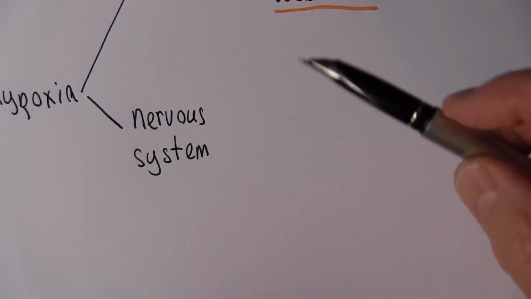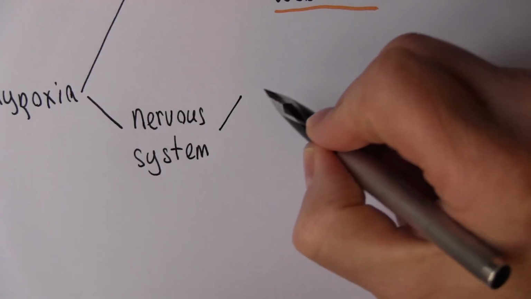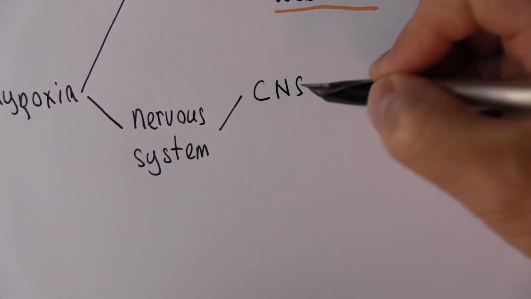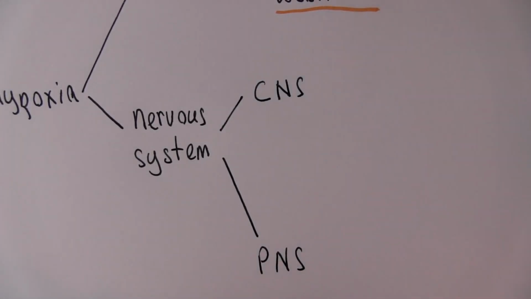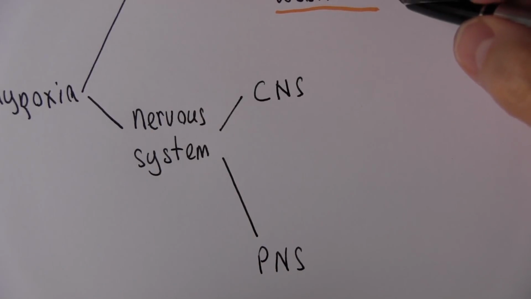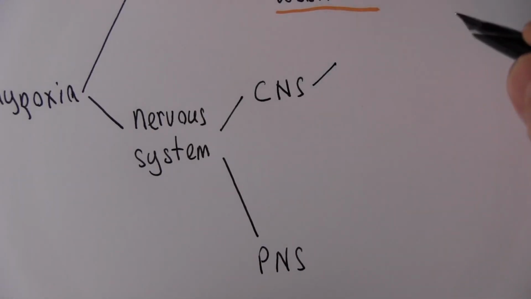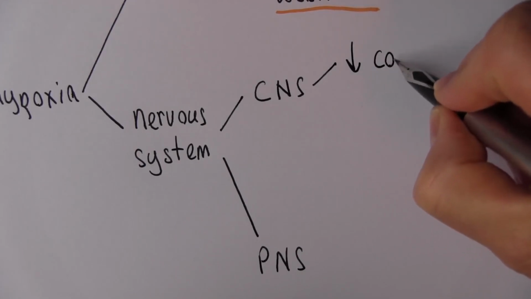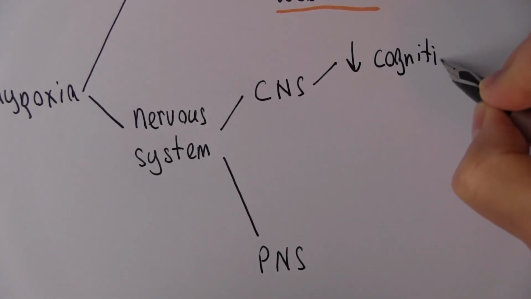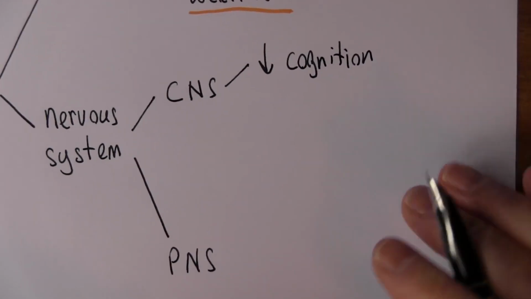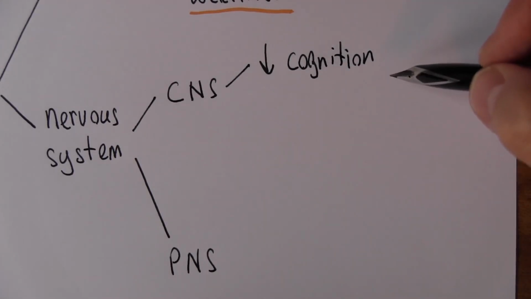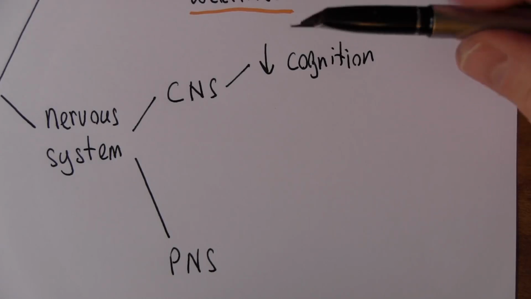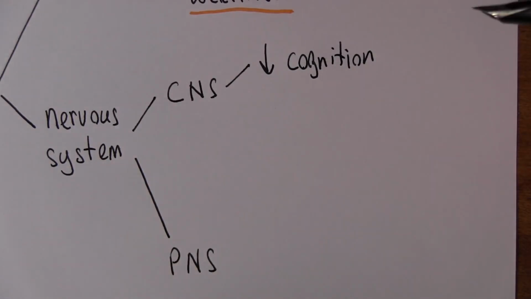We can divide the nervous system, of course, into the central nervous system and the peripheral nervous system. Now, in the central nervous system, anaemia is associated with reduced cognition. Cognition is thinking, especially in children. You can't think clearly in severe anaemia. Cognition is affected because cognition is a product of the activity of the central nervous system, the thinking.